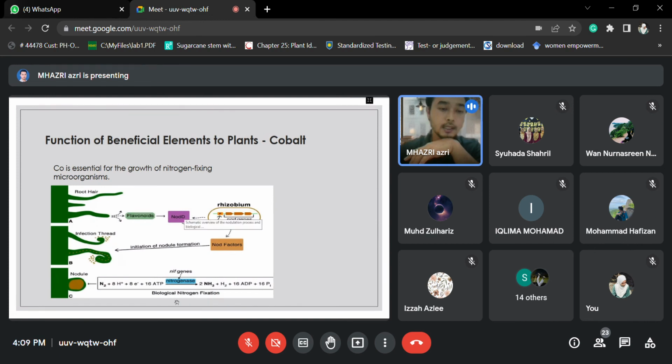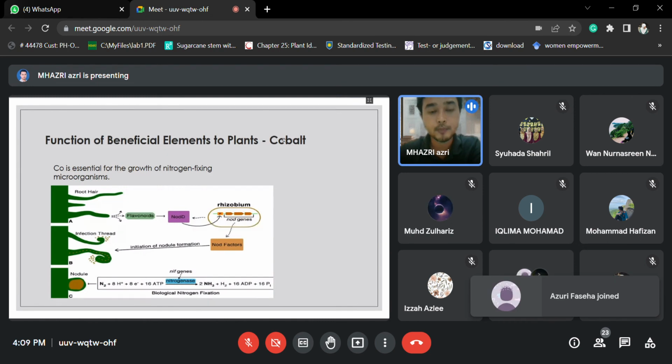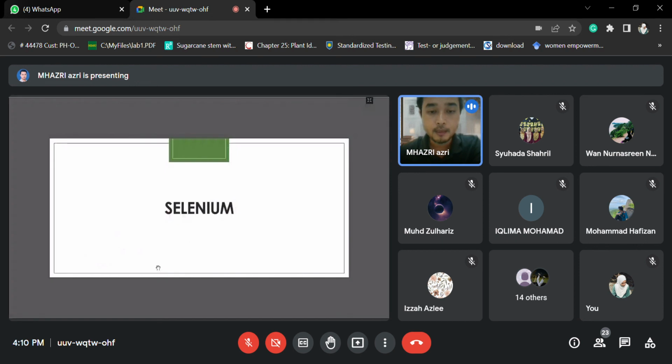Okay, so these whole mechanisms or whole interactions can be increased, can be optimized if we supply cobalt to this plant. Okay, how this cobalt can optimize or increase the symbiotic interactions, kita tak tahu lagi dia punya exact mechanisms.